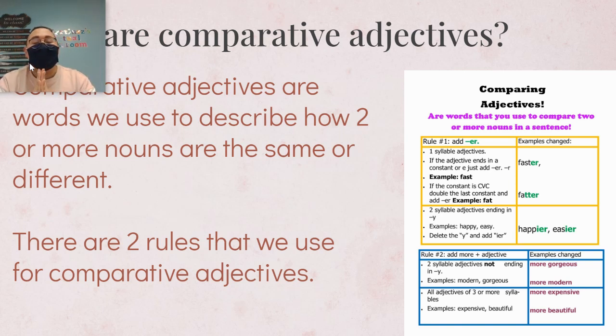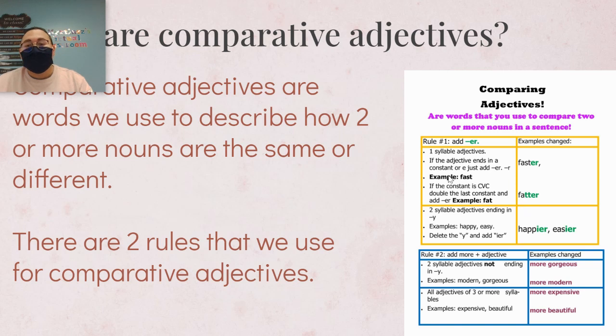But if my adjective is a three-letter word that is a consonant, vowel, consonant, like the example fat, right? F is a consonant, A is a vowel, T is a consonant, right? So when I have a consonant, vowel, consonant adjective, I have to double the last consonant and add er. So fat becomes fatter.